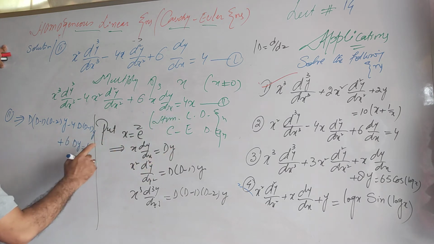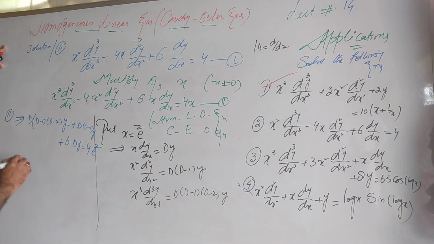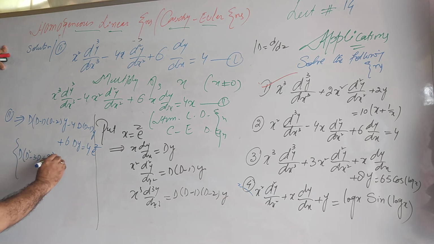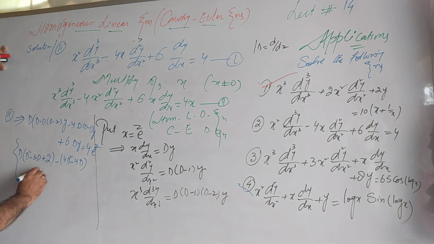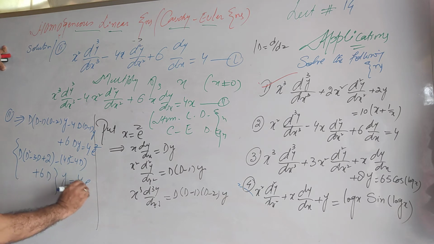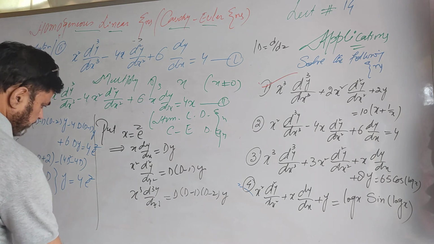What is our x now? e raised to the power z. So when you multiply, it is D into D squared minus 3D plus 2, then minus 4D squared minus 4D plus 6D, y is 4 e raised to the power z. Now we have to simplify this one.